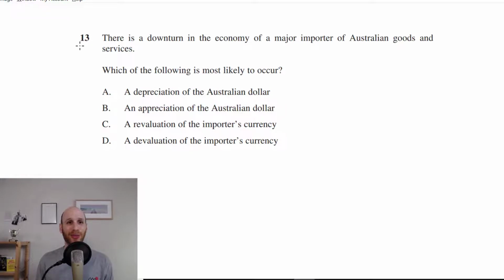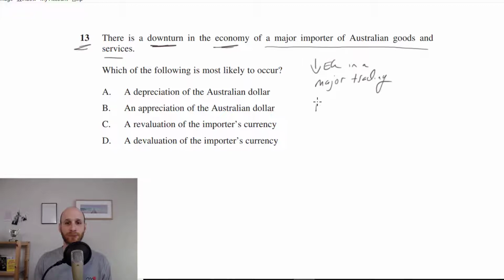So welcome to Lucky 13. The situation we're given here is there is a downturn in the economy of a major importer of Australian goods and services. So basically what we're seeing here is there is a fall in the economic growth of a major trading partner in Australia. So a consequence of that is there is going to be a reduced demand for Australia's exports.